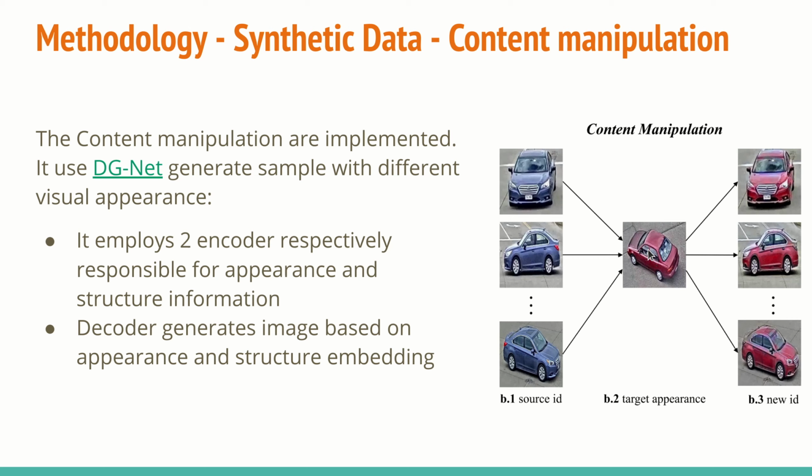The second encoder is responsible for the structure. And the final decoder generates a sample combining the structure from one image with the appearance of another vehicle. This is very useful for the identification problem because it's hard to deal with similar cases in the real world.